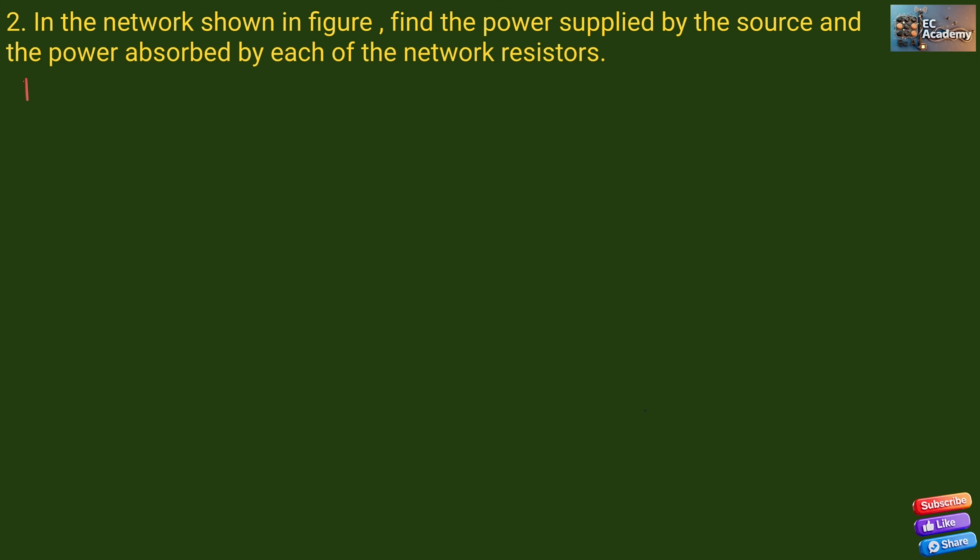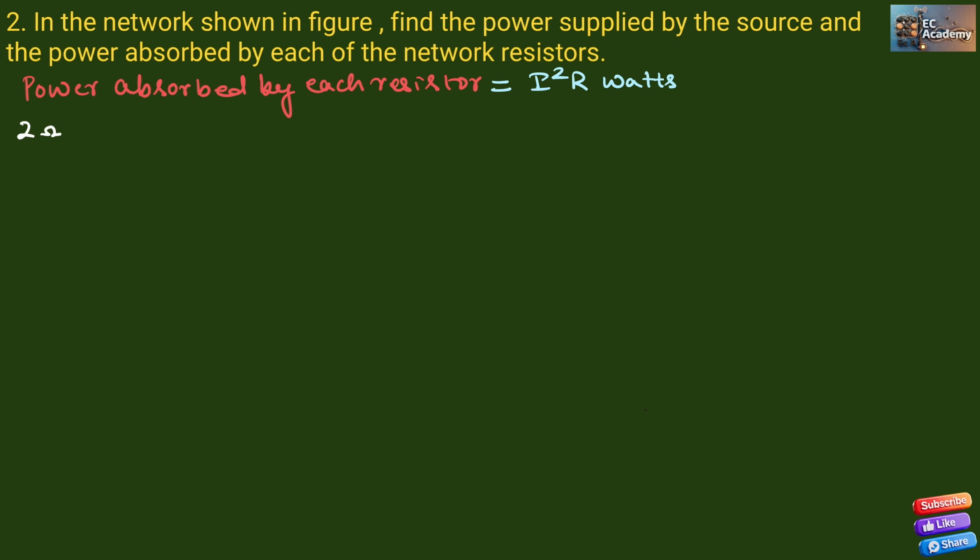Now let us find the power absorbed by each resistor. So this can be given as I squared R in terms of watts. So the power absorbed by the 2 ohm resistor can be given as I1 squared into 2.